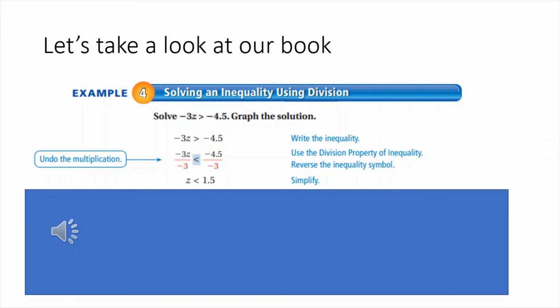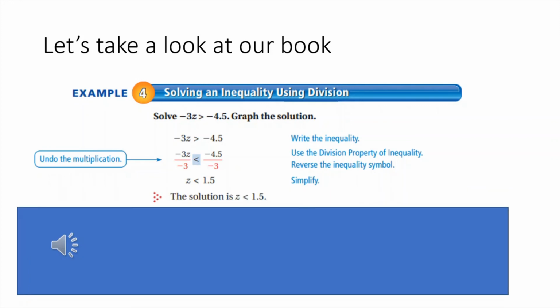The reason is that a negative divided by a negative is a positive. As you can see again, our sign, which started as a greater than sign, has become a less than sign, because we divided by a negative 3. Anytime you divide or multiply by a negative number across an inequality sign, that inequality sign will flip.